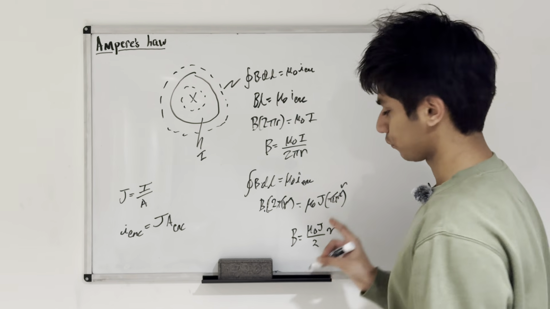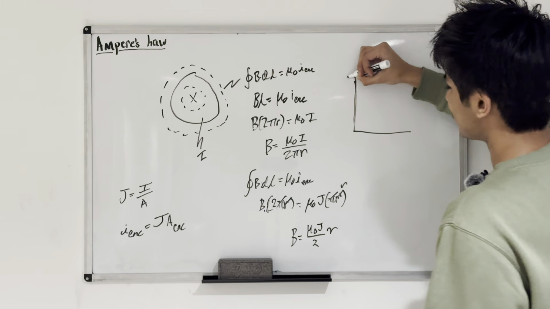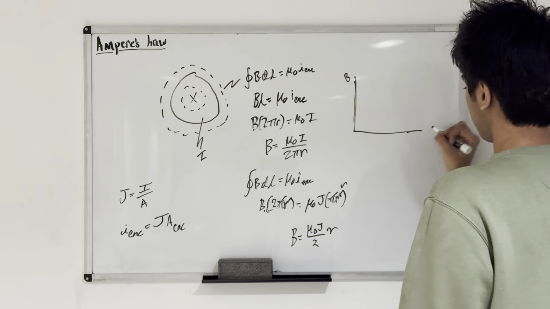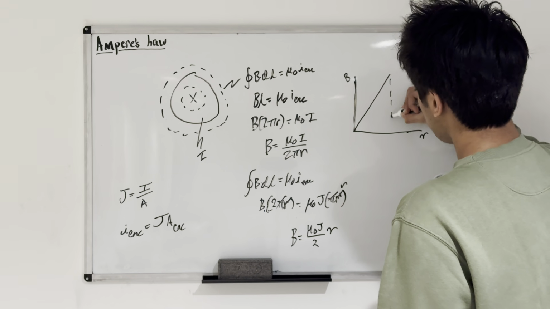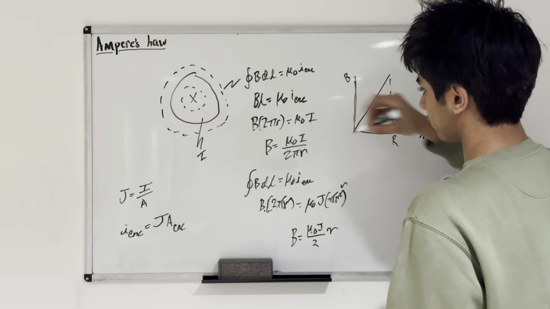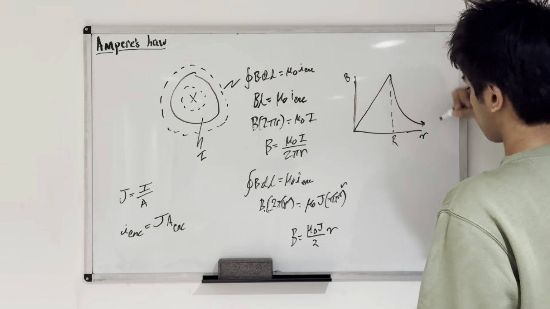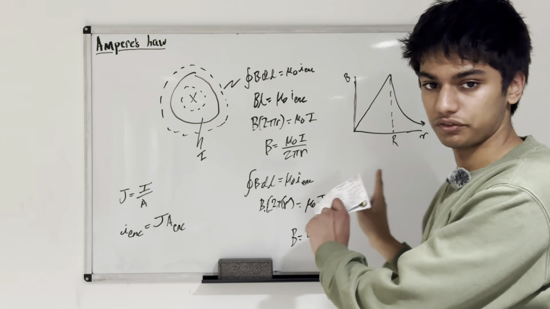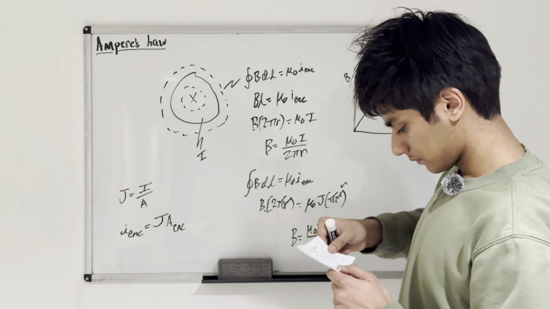What's interesting about this result is if we graph it, it should look similar to Gauss's law. So B as a function of r will go up linearly, reach the radius of the wire, and then it'll go down like 1 over x. So that should look pretty similar to Gauss's law results.